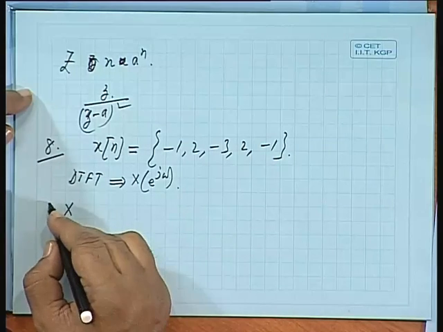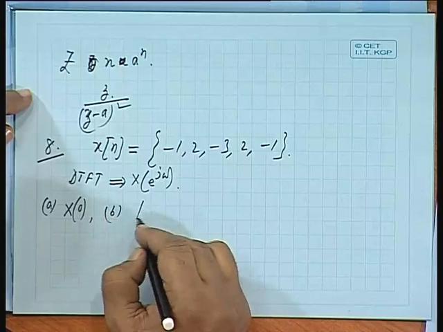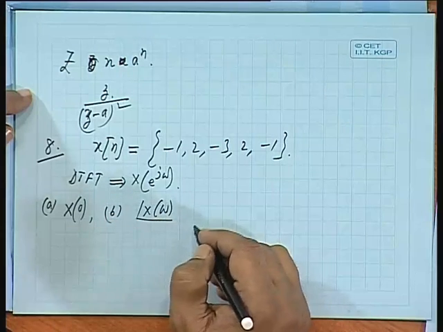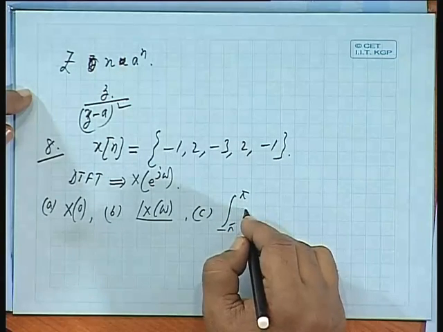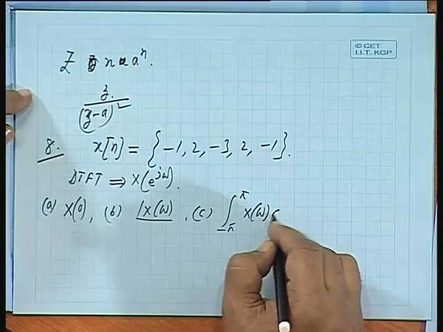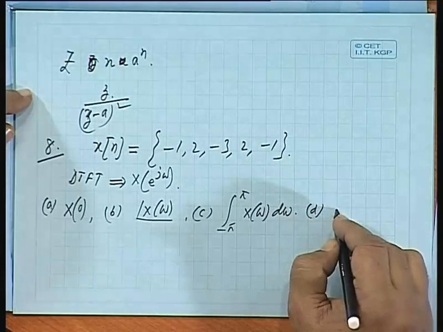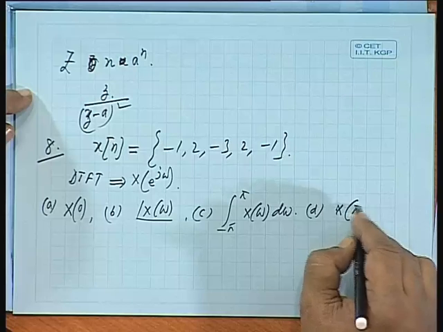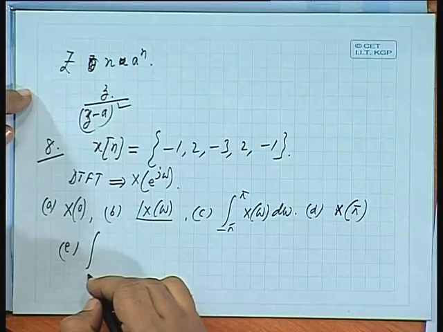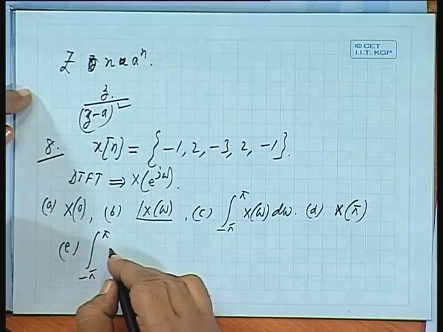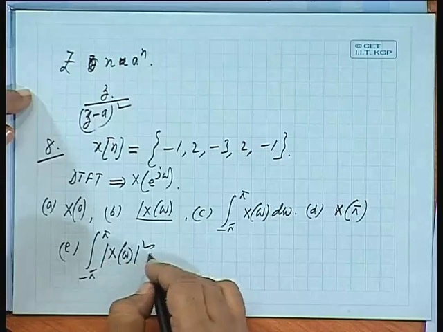Determine: a, X at 0; b, angle of X at any frequency; c, integral from minus pi to plus pi of X(omega) d omega; d, X at pi; and lastly, integral from minus pi to plus pi of magnitude square of X(omega) d omega.